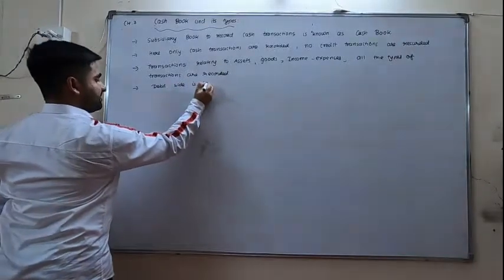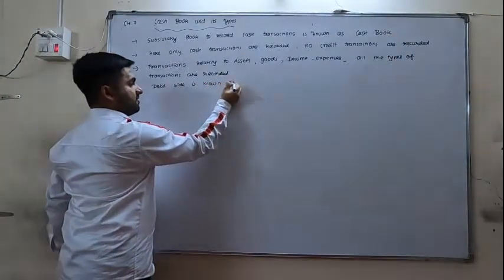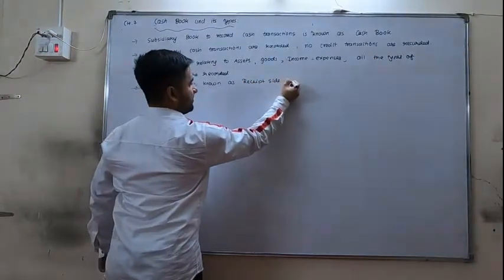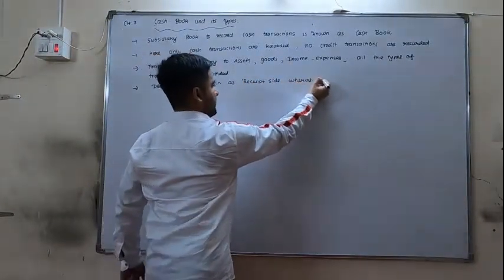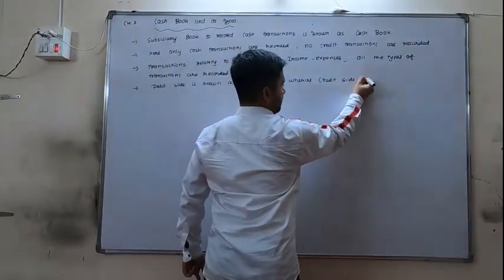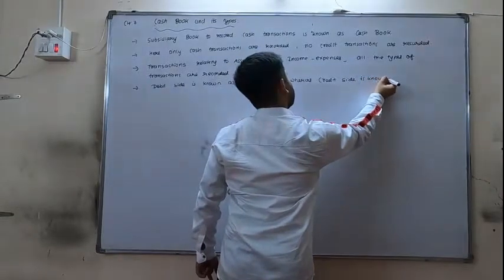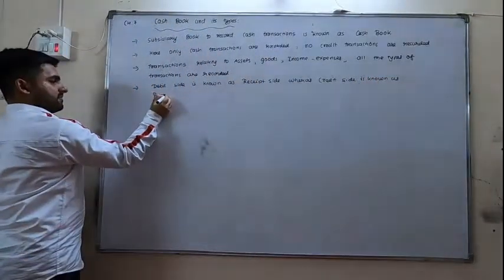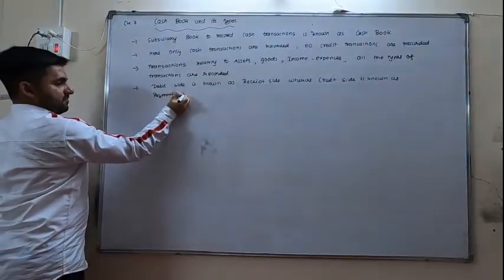Debit side is known as receipt side, whereas credit side is known as payment side.